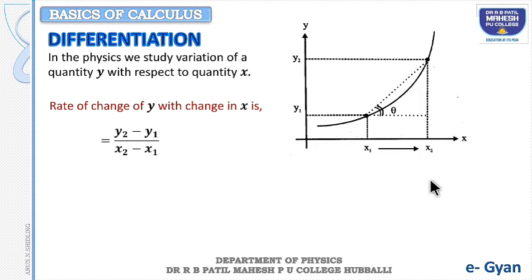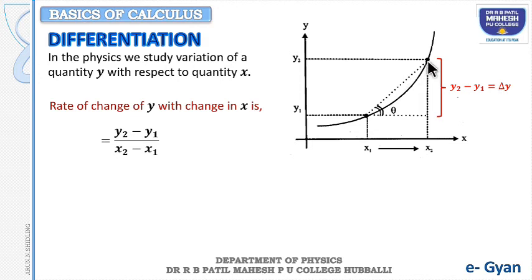We basically write it like y2 minus y1 divided by x2 minus x1. You can see that y2 minus y1 will be delta y. I can write it as change in y. This triangle is delta. I read it as delta y.